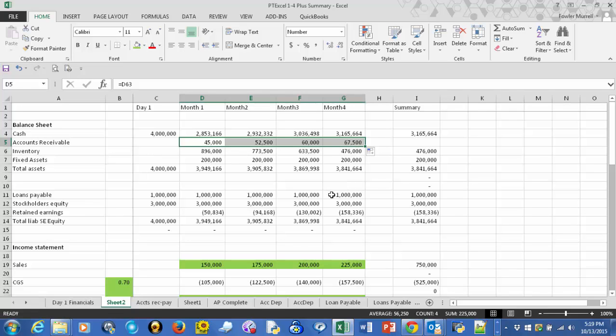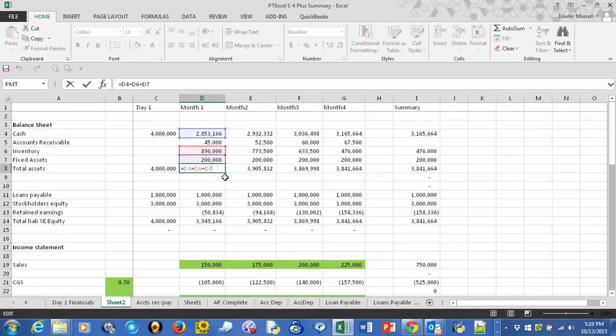Now, those of you who are paying attention should say, well, something looks like it went wrong because we didn't go out of balance. Well, the reason that we didn't go out of balance is because we are missing an amount. We're missing this 45,000.